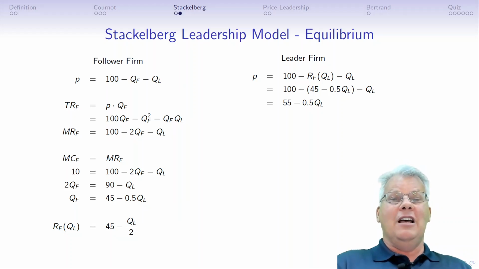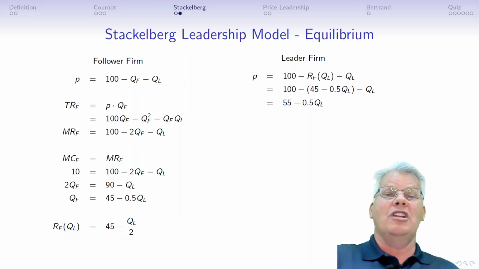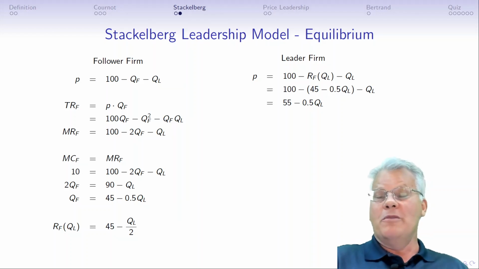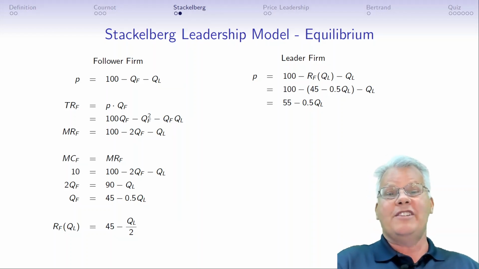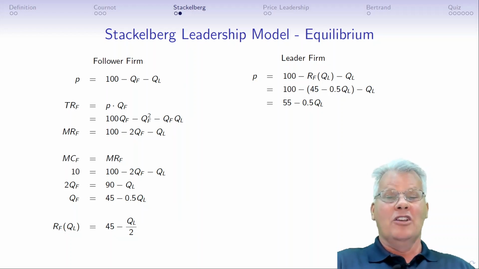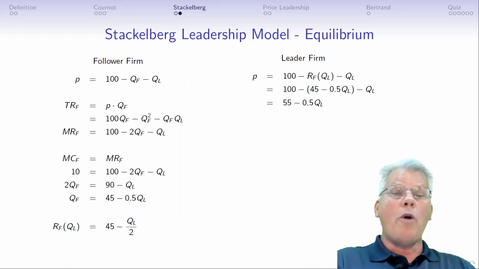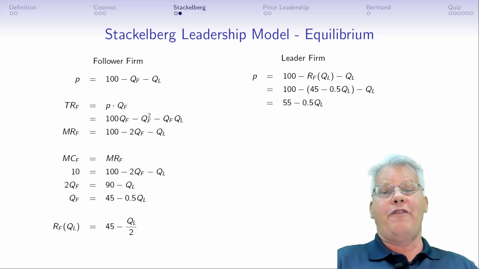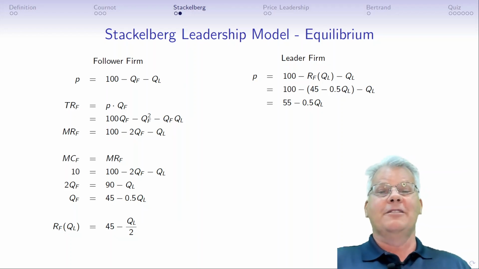This incorporates the information of how the follower firm is going to respond to the choice that the leader firm makes. We put that in, we can simplify it, and now we have this inverse demand curve for the leader firm, which incorporates the information of how the follower firm responds.